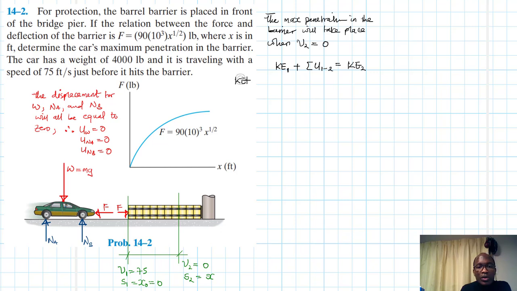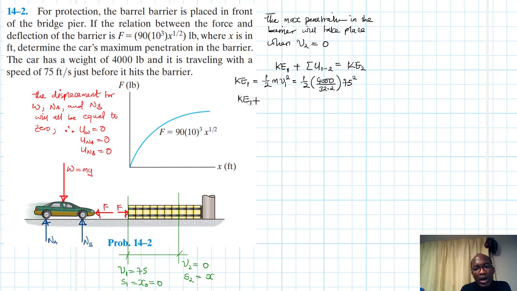So the initial kinetic energy of this vehicle is half m v1 squared, and this is equal to half our mass, which is 4,000 divided by 32.2, times 75 squared.